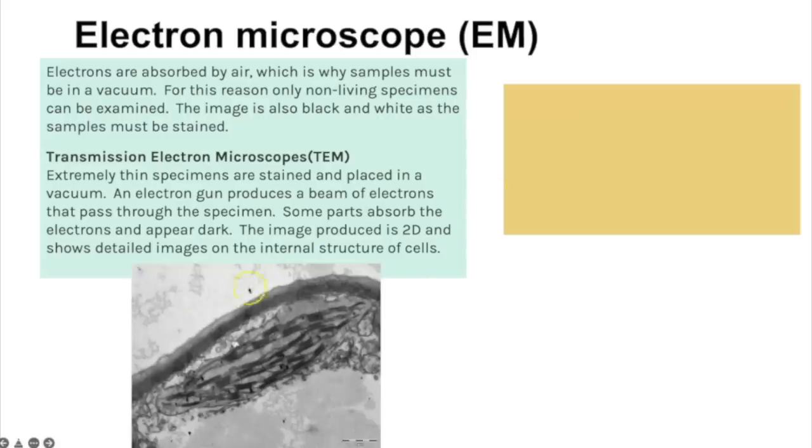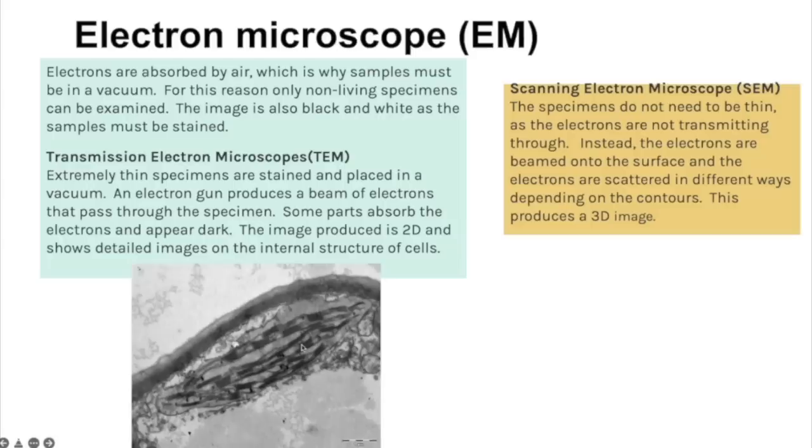And we get these 2D images where we have the darker and lighter depending on whether the electrons were absorbed or not. And because there's a higher resolution, that is why we can actually see the details internally of some of those small organelles.